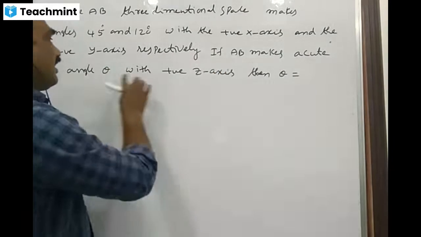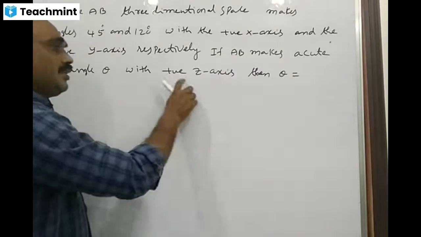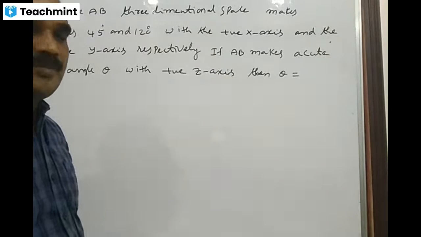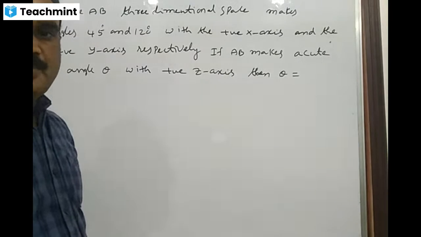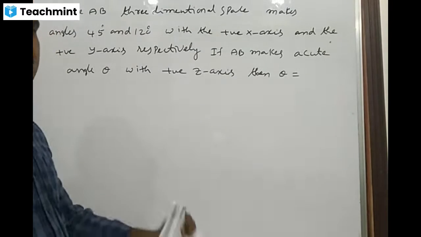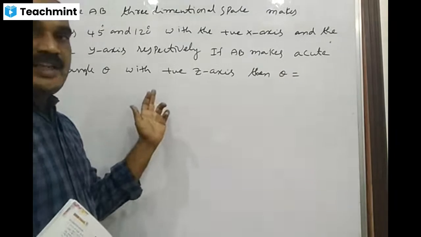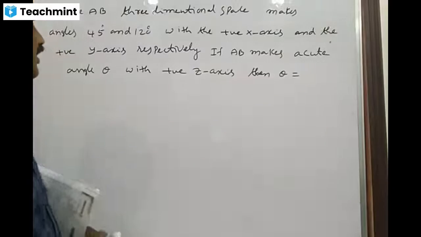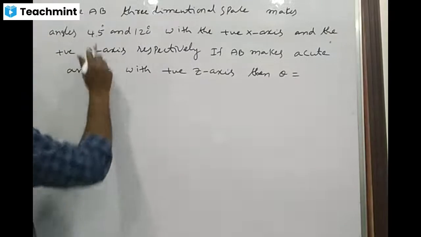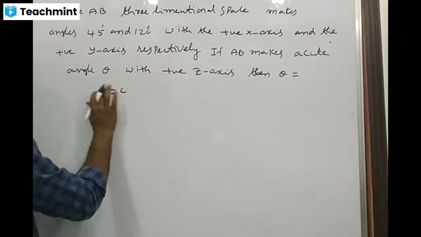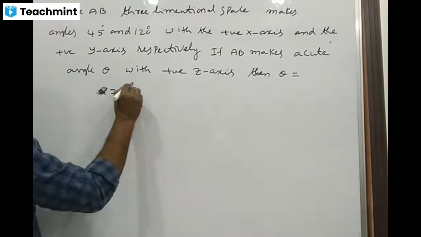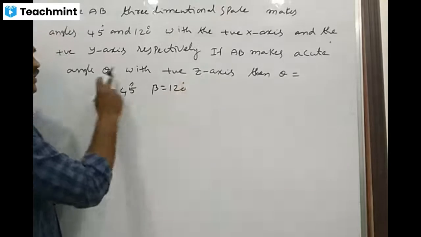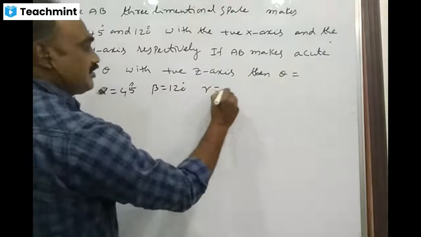If AB makes acute angle theta with the positive z-axis, friends, x-axis angle alpha, y-axis angle beta, z-axis angle gamma, cos square alpha plus cos square beta plus cos square gamma is equal to 1. Here alpha is equal to 45 degrees, beta is equal to 120 degrees, and the z-axis angle gamma is equal to theta.